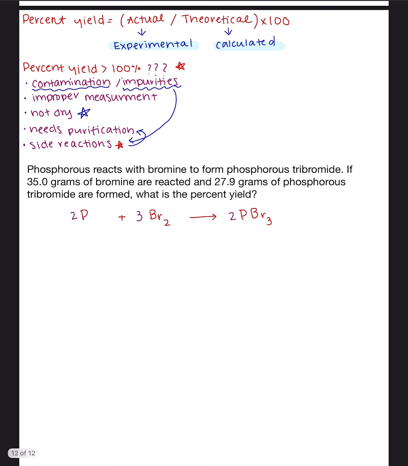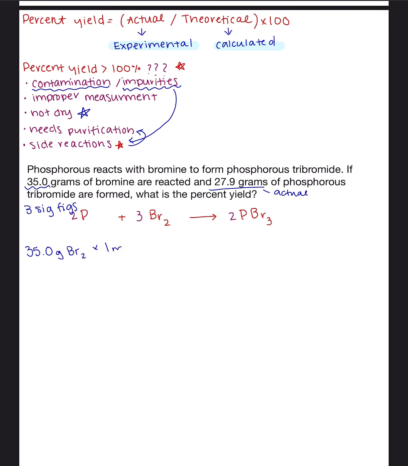So the problem says that 35 grams, right off the bat we know we have 3 sig figs, 35 grams of bromine reacted, and this was produced, so this is your actual. You don't need to do any calculations with this. So we have 35 grams of bromine.